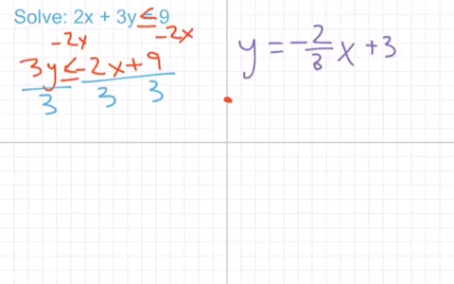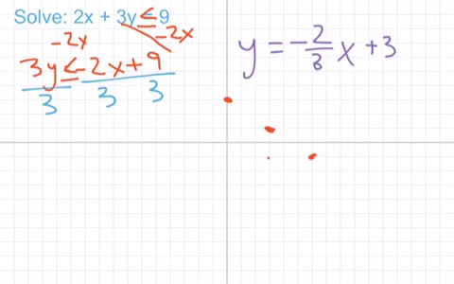It's negative 2 over 3, so we're going to go down 2, over 3. Down 1, 2, over 3. Then I'm going to draw my line.